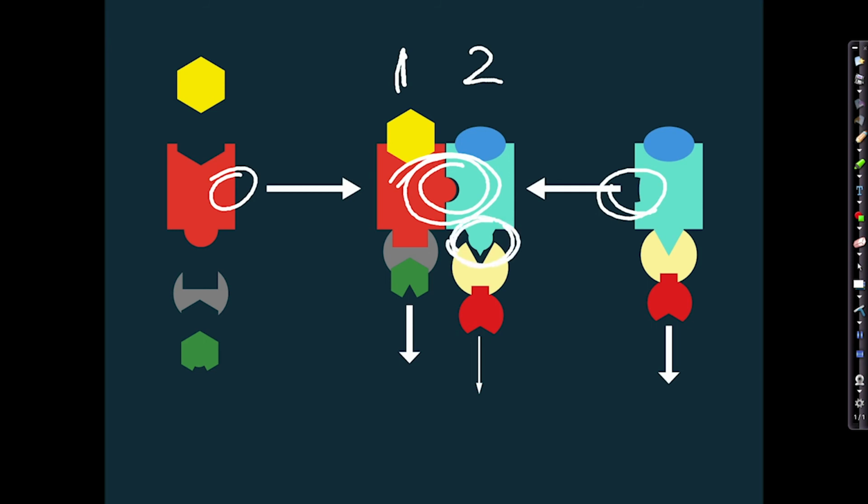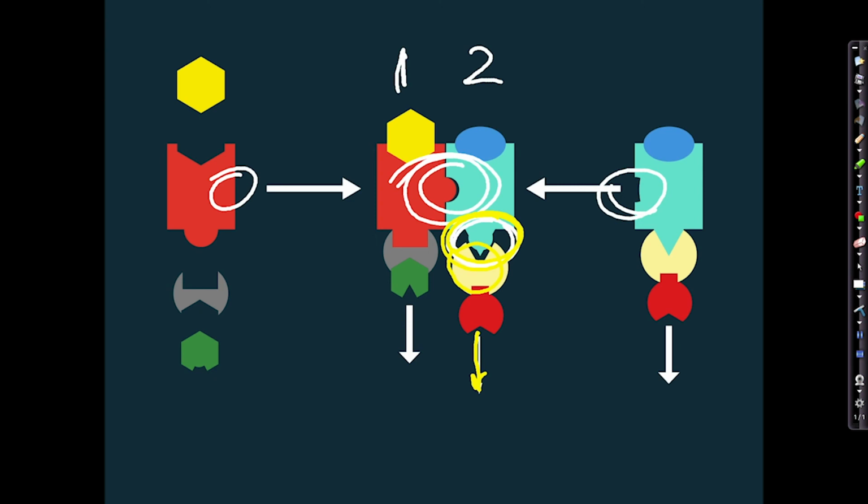Let me actually do this in a different color, in yellow, which makes receptor 2 less efficient in interacting with this yellow signaling protein. So it weakens this signaling effect of receptor 2. So receptor 1 is, in a sense, inhibiting receptor 2.